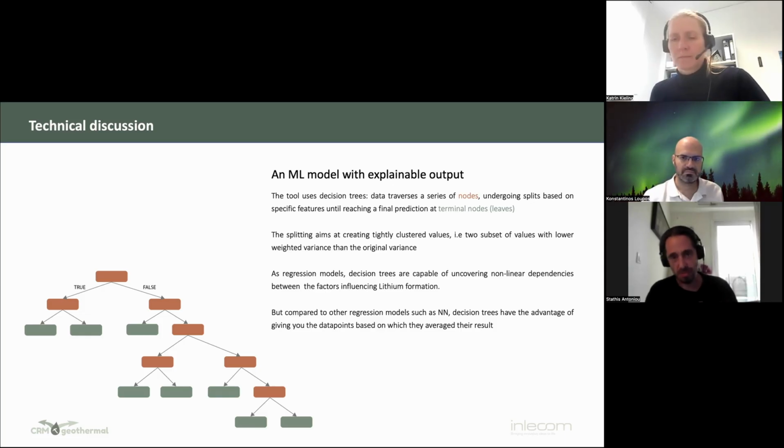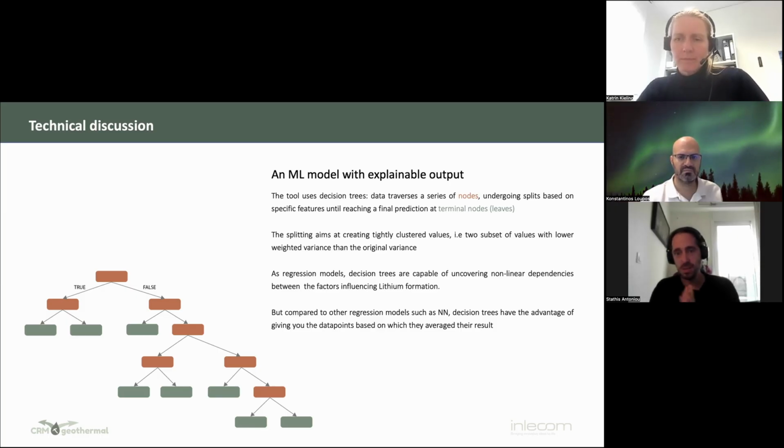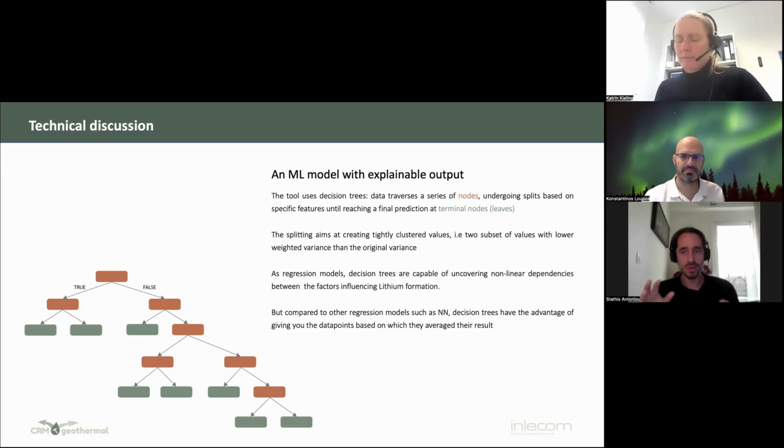There was a lot of information, so maybe it was not clear. The tool gives you the data points based on which the model based the prediction. So it will tell you that it is 170, and that 170 is based on the average between 160 and 180. So you can really control which data influence your decision. And that's a model that is explainable by itself in a way, because it gives you the why.